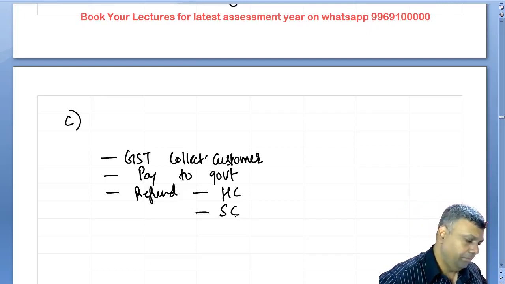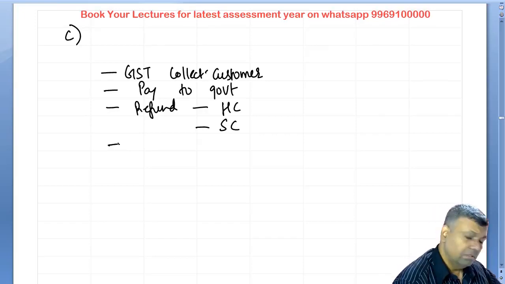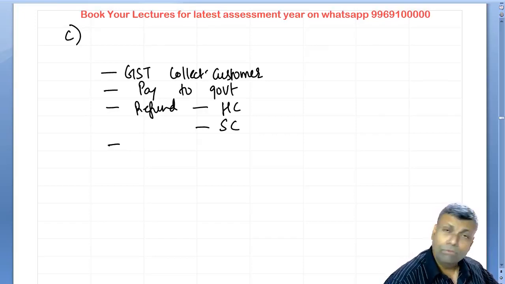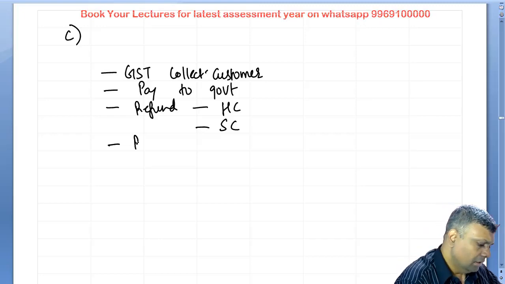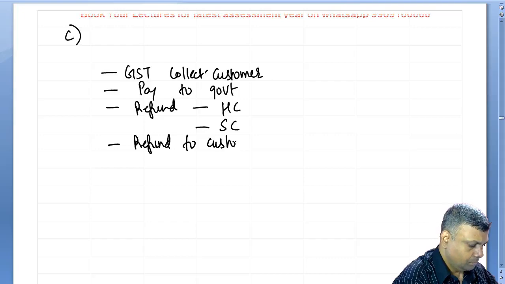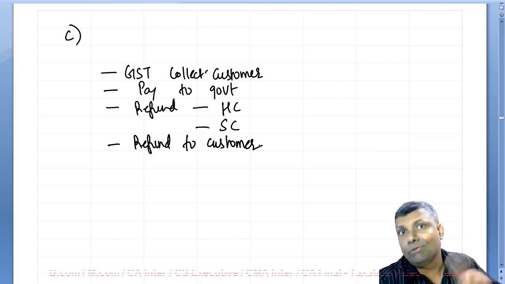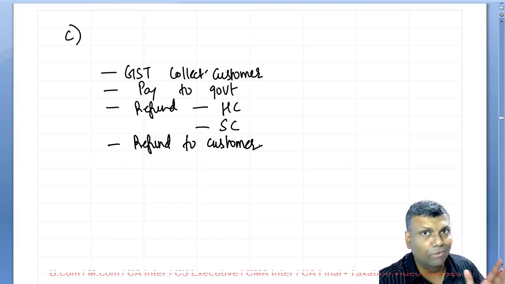Or you get it as per the judgment of the Supreme Court, whether it is accrued to the assessee or not. Okay. And there is a chance that after getting the money from the GST department, you might refund it back to the customer, because originally the money was collected from the customer. So indirect tax law is always like that.